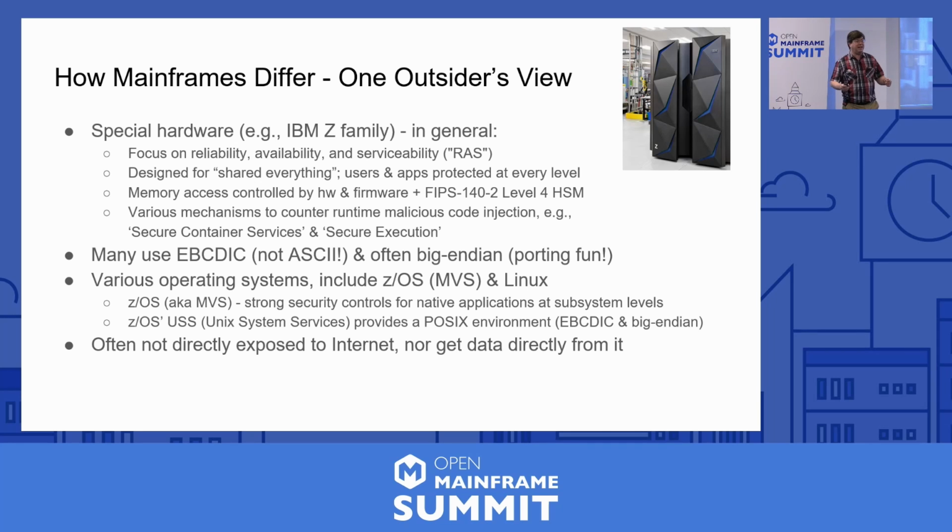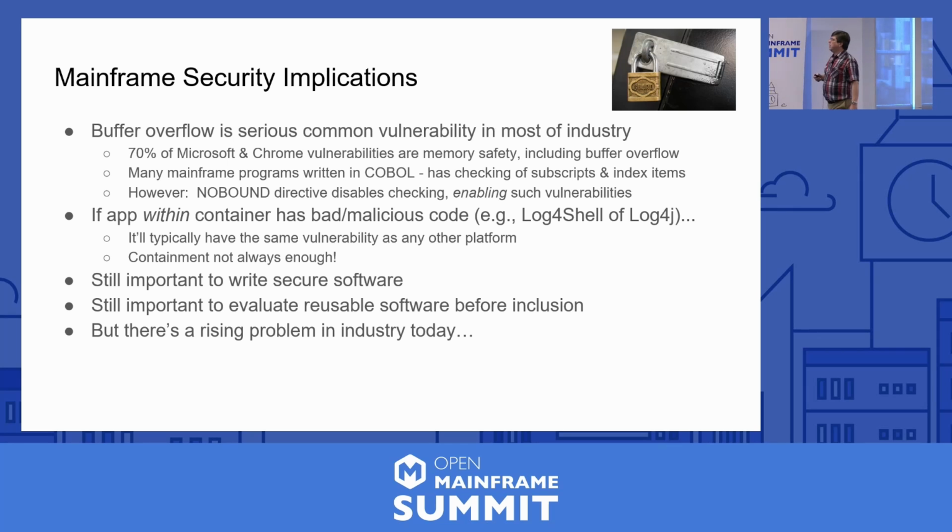I know what big endian is. I write code to try to avoid problems. Lots of other developers don't. Various operating systems, supporting various capabilities. In a lot of cases, not directly connected to the internet, not even directly necessarily exposed to data from it. Yes, data passes through. That has some interesting security ramifications.